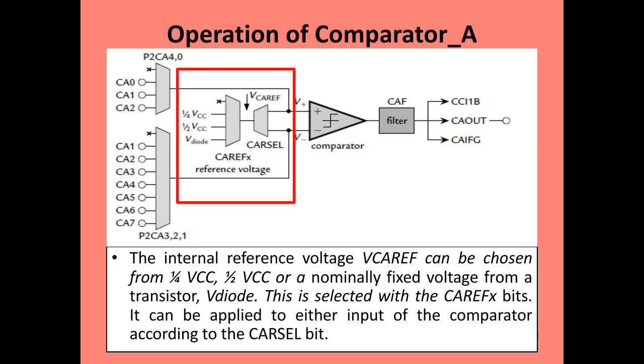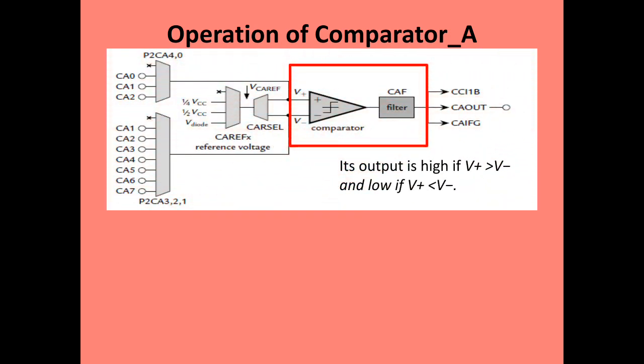So here we use these comparison statuses for comparison of the analog input and the reference voltage. Now we can see the function of this particular comparator. Here the comparator compares the reference voltage, represented here as V, with the inverting and non-inverting terminals, that are V plus and V minus.